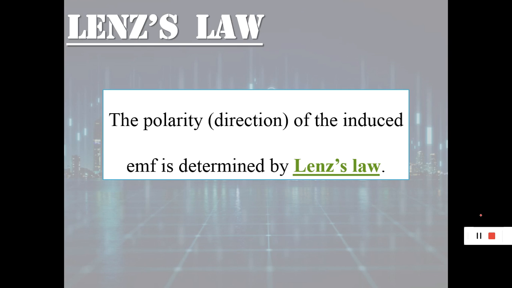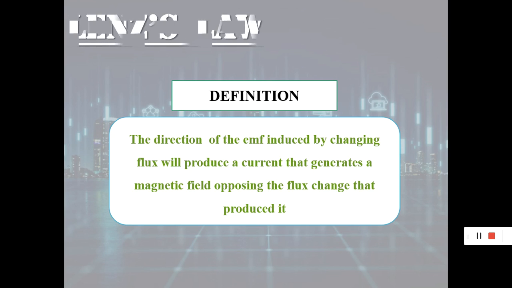Okay, so we move on to Lenz's law. Lenz's law states that the polarity direction of the induced EMF is determined by Lenz's law. It's about polarity. The definition is the direction of the EMF induced by changing flux.